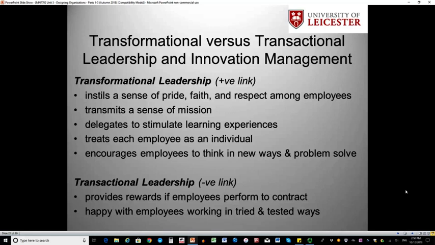Transformational leadership might encourage innovation and feed into this organic mode and this integrative mode, and transactional leadership might feed into the segmentalist mode of Cantor and the mechanistic mode of Burns and Stalker.